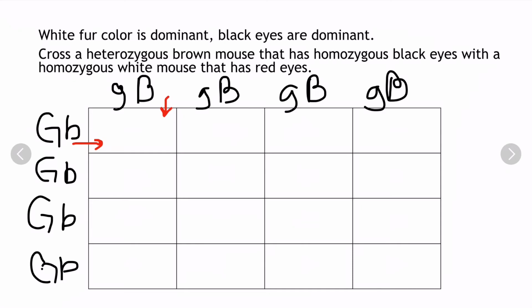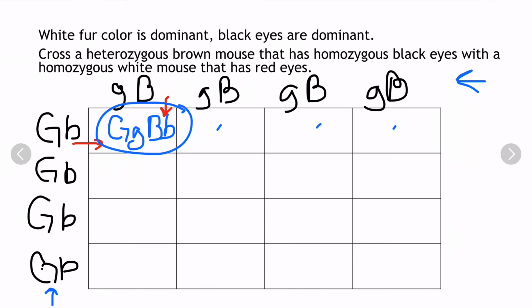So my combination here would be big G, little g, big B, little b. And as a matter of fact, since all of my gametes are the same on the top and all of my gametes are the same on the side, I would get the same thing in each box. Okay?